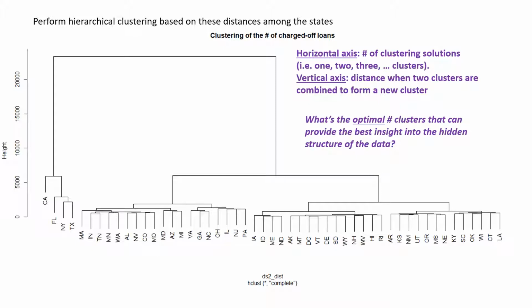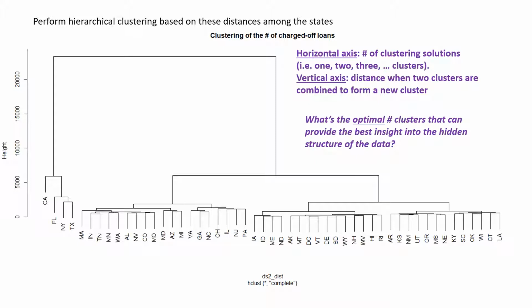After we create the distance matrix among different states, we proceed to perform a hierarchical clustering based on these distances among the states. In this case, we cluster the states based on the number of charged-off loans in each state.